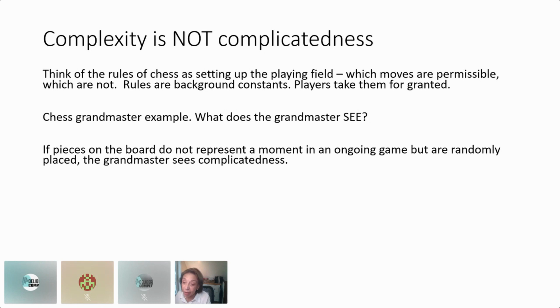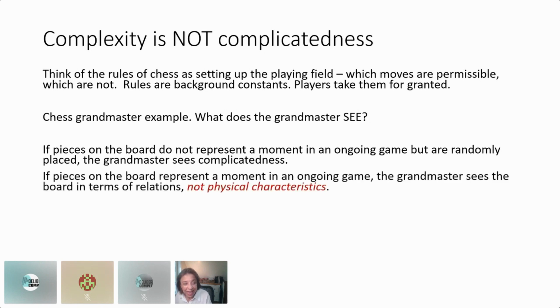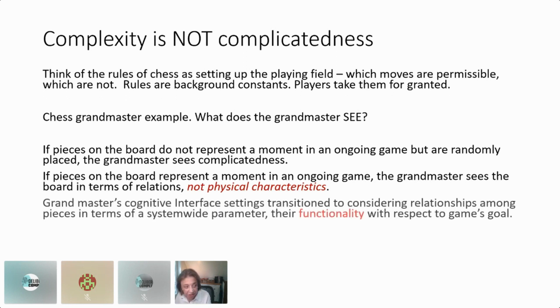Otherwise, the grandmaster would duplicate the positions of the individual pieces on the board. The grandmaster seems to be able to see the chessboard in terms of relations, in terms of constraint dynamics, not in terms of the physical location of the piece.